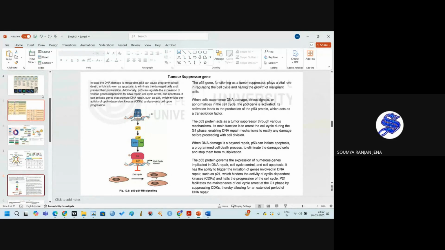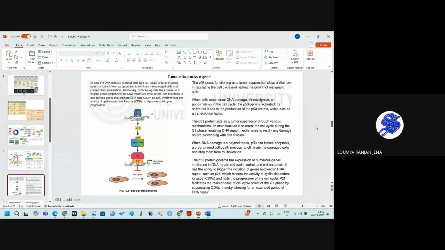If we look at the P53 gene functioning as a tumor suppressor, it plays a vital role in regulating the cell cycle and halting the growth of malignant cells. When a cell experiences DNA damage, stress signals, or abnormalities in the cell cycle, the P53 gene is activated first.